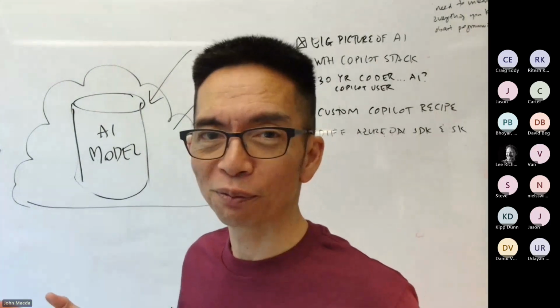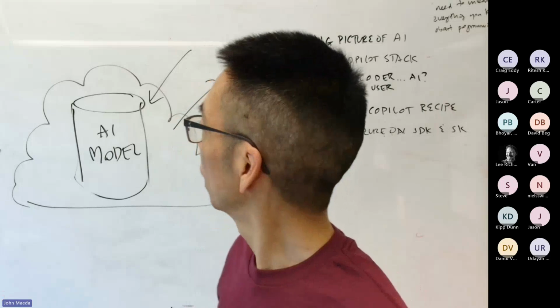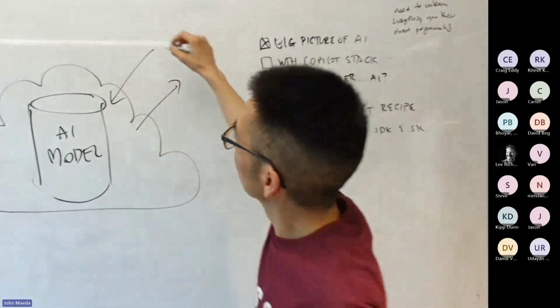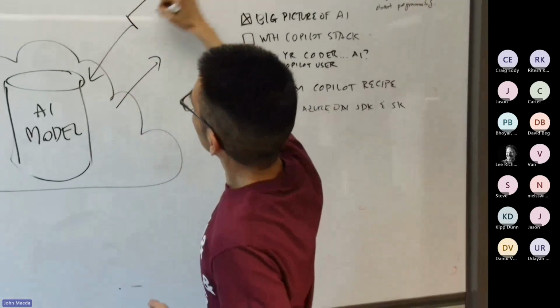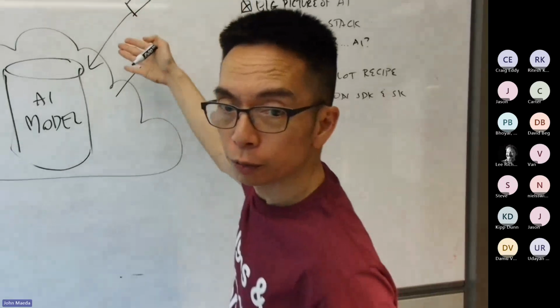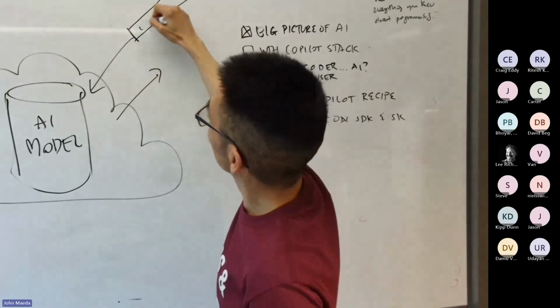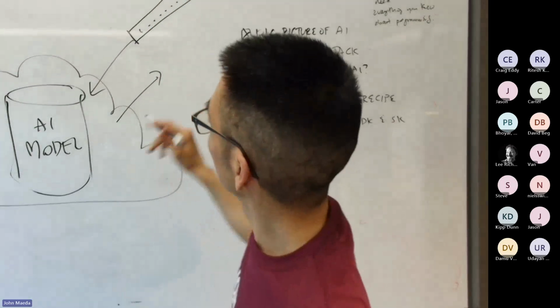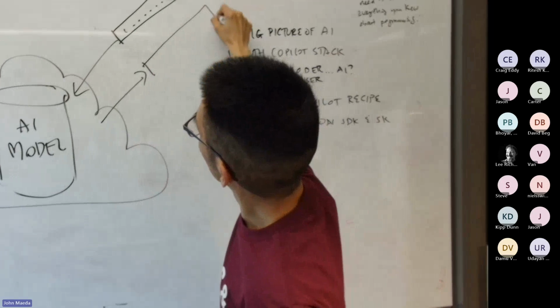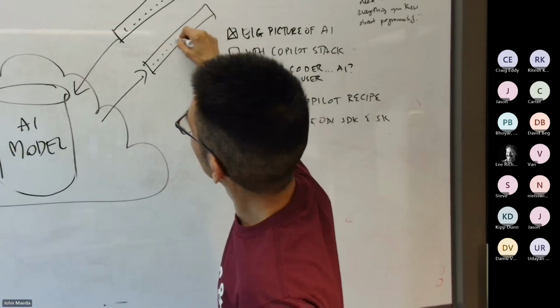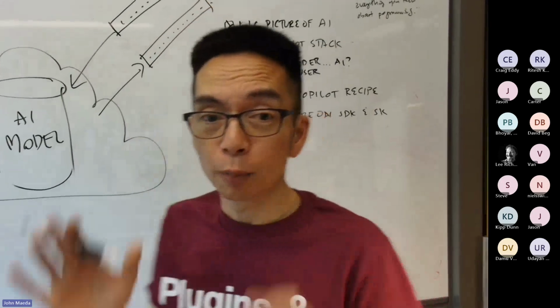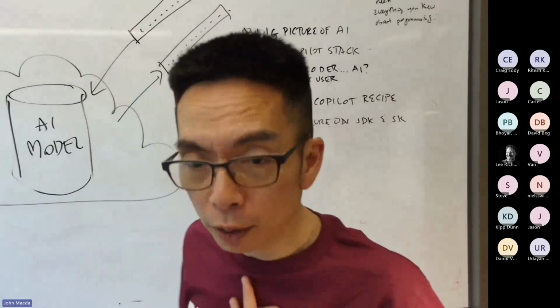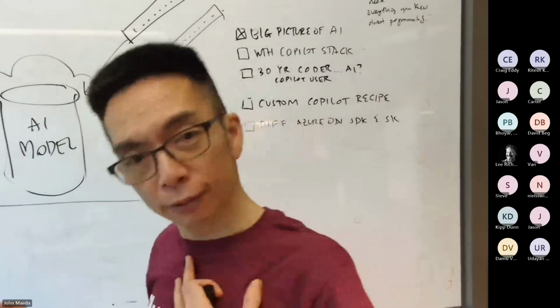I can send the model a bunch of so-called tokens, and then the model will return tokens. And important to note, the model is stateless.